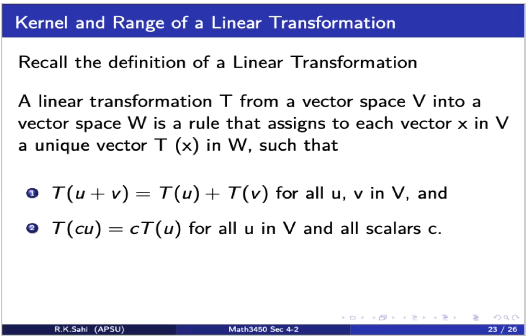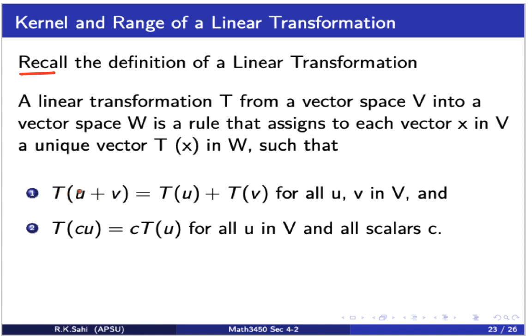So before I talk about the specific kinds of kernels and ranges of a linear transformation, let's recall the definition of a linear transformation. A linear transformation from a vector space V into a vector space W is a rule which assigns to each vector x in V a unique vector T(x) in W such that T preserves vector addition.